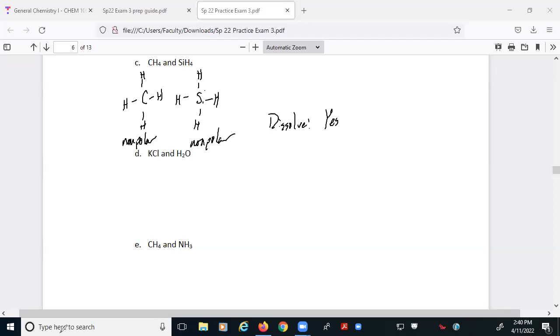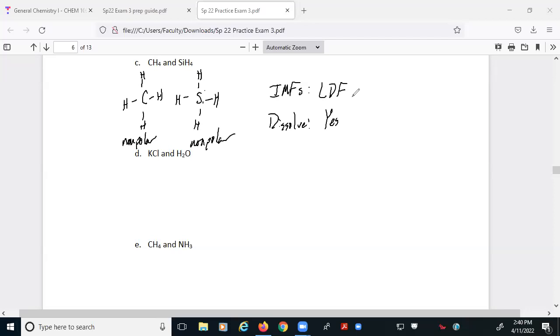Introduce a water molecule into this. Yeah, the water's not going to dissolve in it. But they'll dissolve in each other. What kind of intermolecular forces exist here? Well, we've got the London dispersion forces, because we always have that. Do we have anything else? No. London forces would be the only thing that we have here.